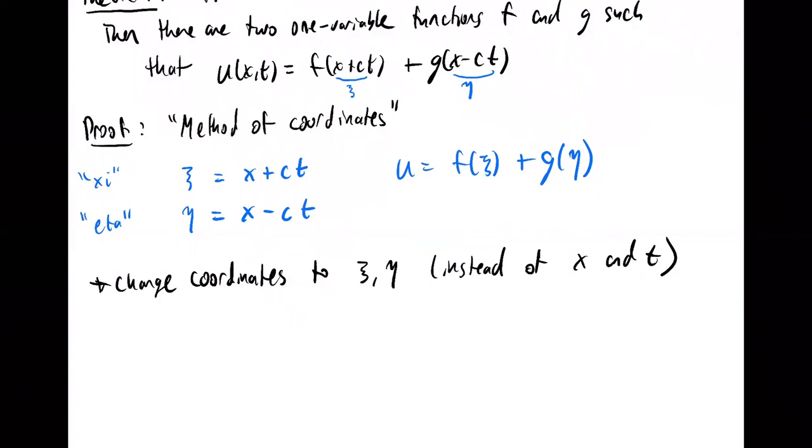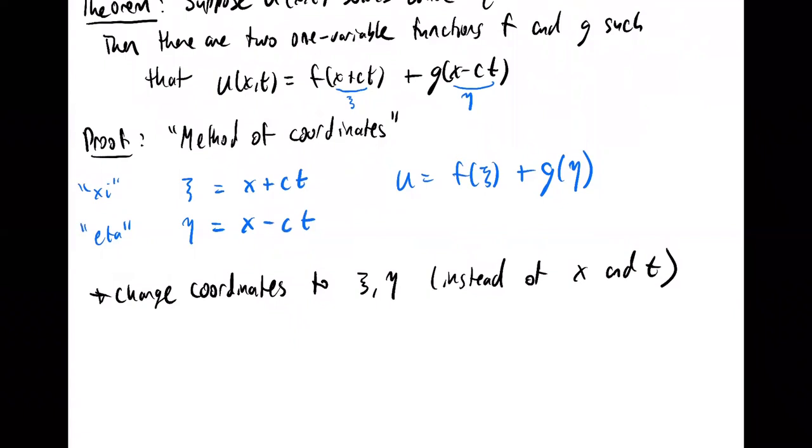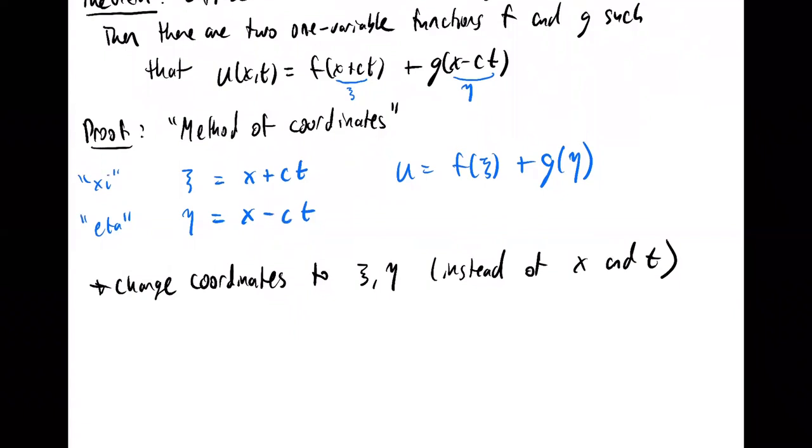We're just doing exactly that type of change of variables, but there are no integrals, so the Jacobian isn't going to be relevant. We're just changing our coordinates from x,t to these slightly more complicated coordinates, which, even though they look more complicated, will actually simplify the equation.